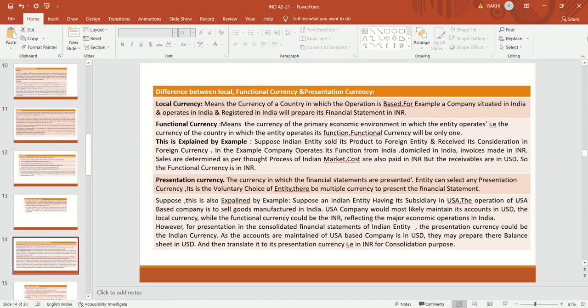As the accounts maintained by the US company are in USD, they may prepare their balance sheet in USD first, then translate it for presentation purposes in INR for consolidation purposes.